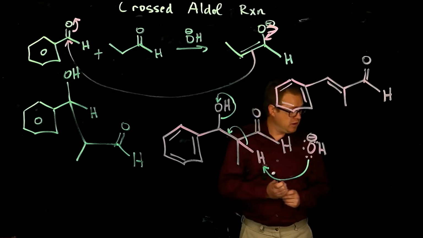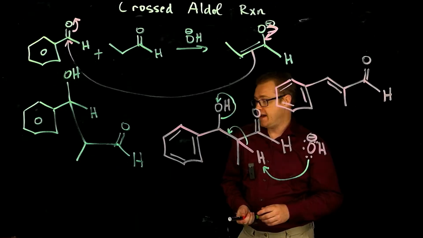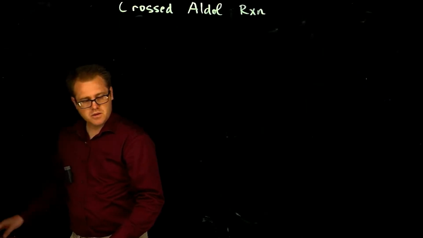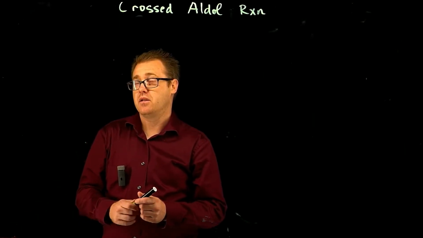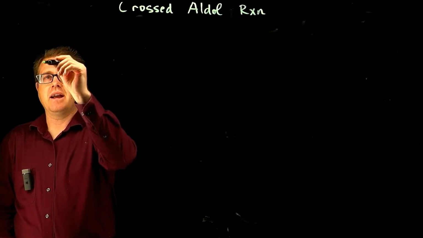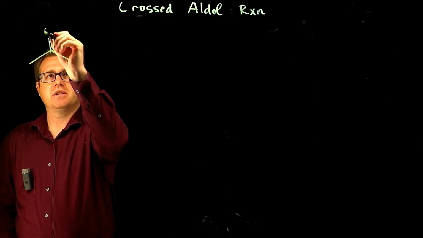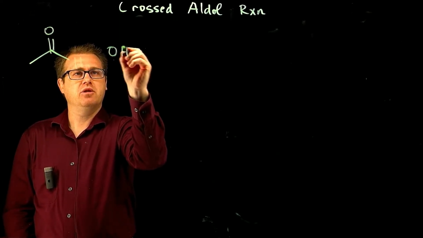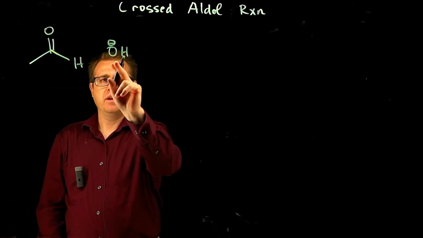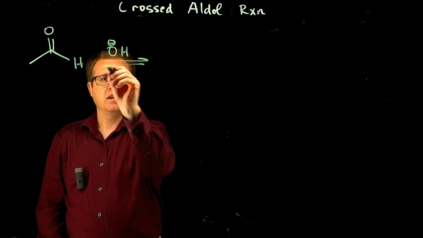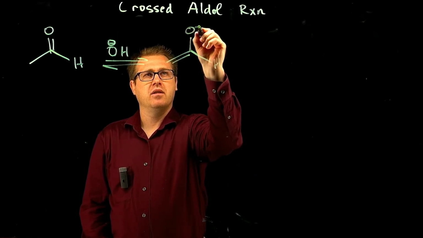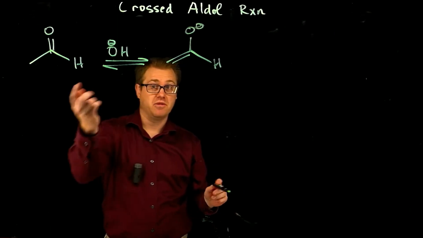Okay, so we will continue looking at different ways to do cross-aldol reactions. So I'm going to clean the board and we'll jump to the next topic. Another thing worth noting when you look at aldol reactions and cross-aldol reactions, you could have a situation like this where you treat it with sodium hydroxide. When you treat the aldehyde with hydroxide, it is a reversible process. It's going to generate the enolate just in a reversible fashion.